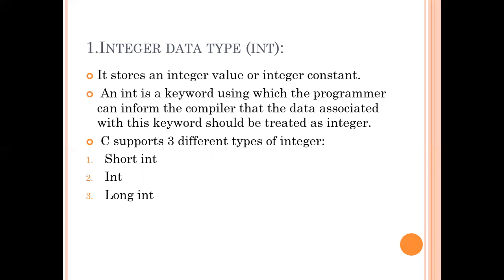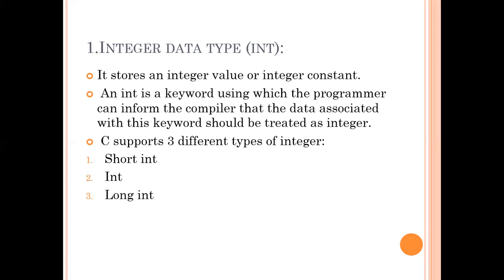If we use a 16-bit word length, the size of the integer value is limited to the range minus 32,768 to plus 32,767. A signed integer uses 1 bit for sign and 15 bits for the magnitude of the number. Similarly, a 32-bit word length can store a very big range of integers, because 2 to the power of 32 is a very big range.